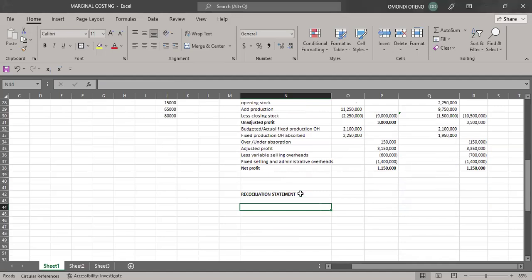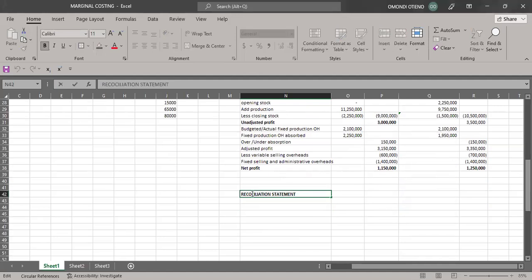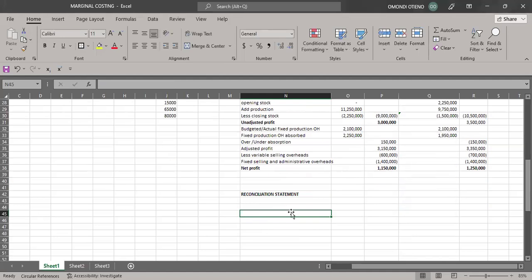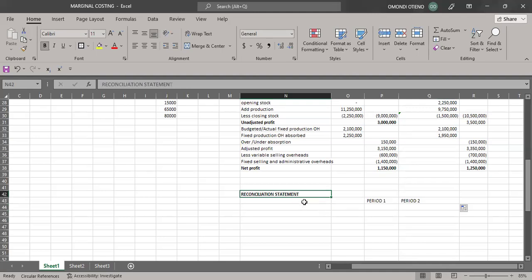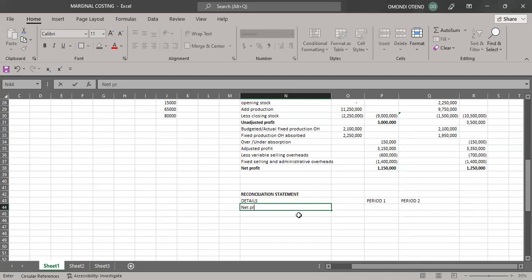The next part is preparing a reconciliation statement. This reconciliation statement will have period 1 and period 2. What you're going to do under this reconciliation statement is look at, one, our net profit as per marginal costing.